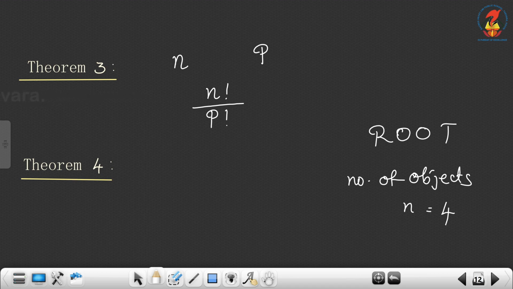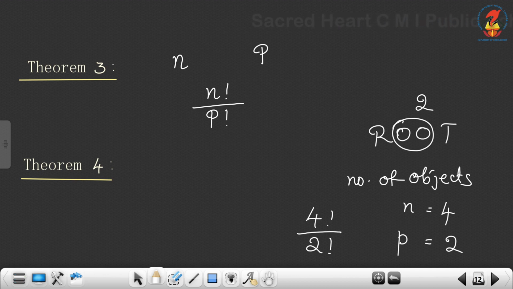There, p objects are of the same kind, that means 2 are of the same kind. The number of permutations is equal to factorial n by factorial p, that is factorial 4 by factorial 2. What is factorial 4? 24 by 2. What is 24 by 2?